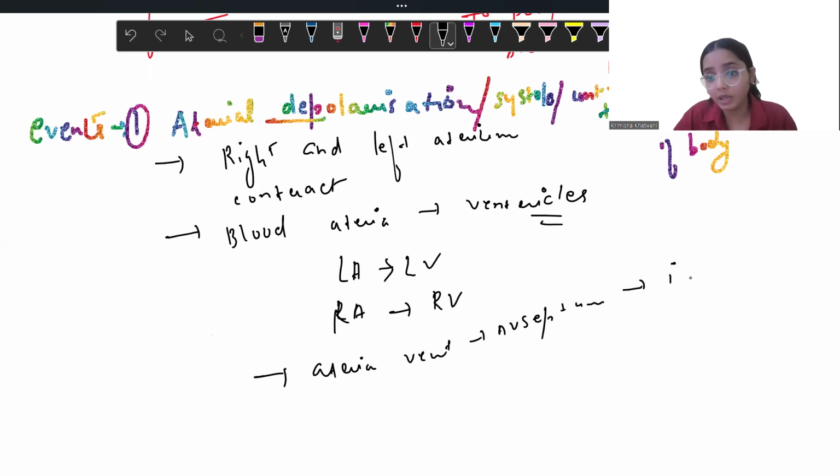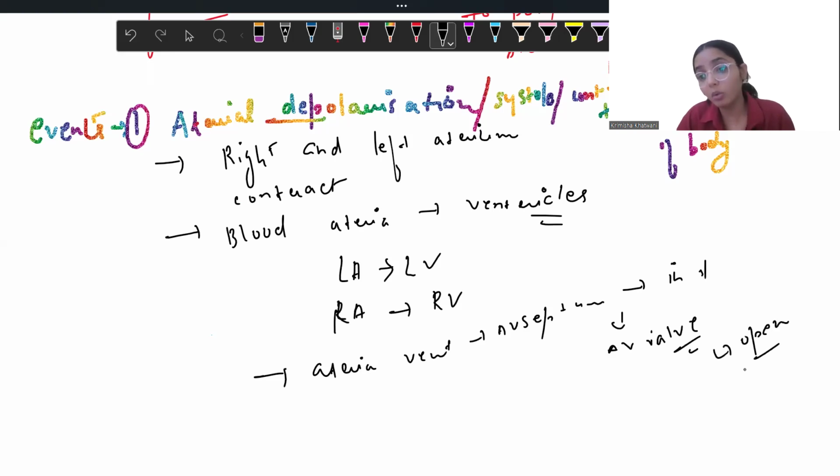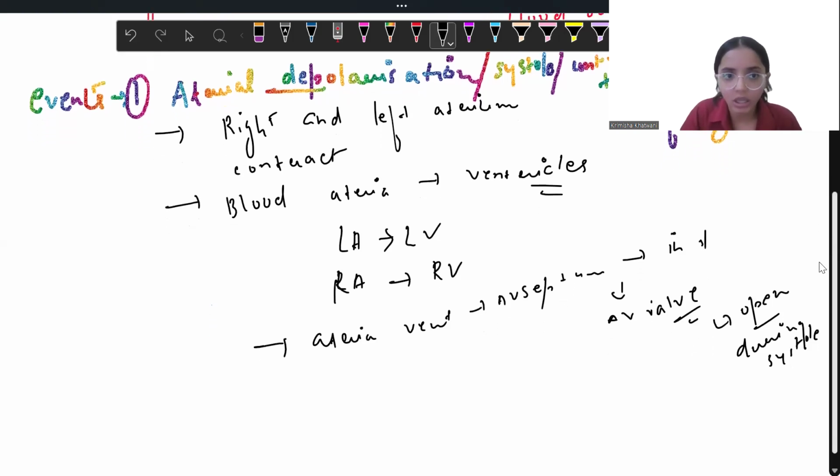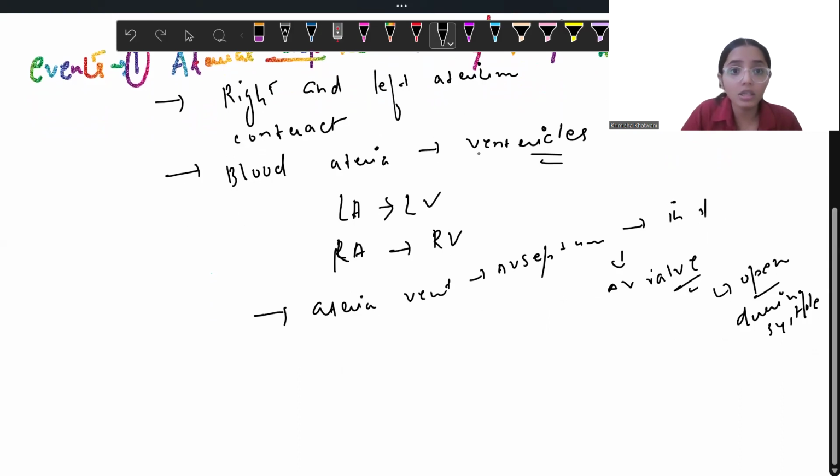But in this septum, we have the atrioventricular valve, which is open during atrial systole, and through this valve, the blood present in the atria moves to the ventricle during atrial systole or atrial depolarization.